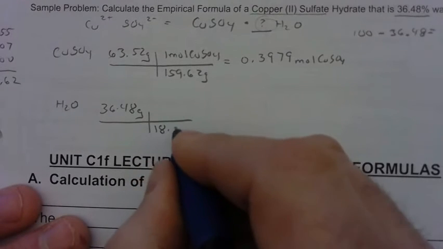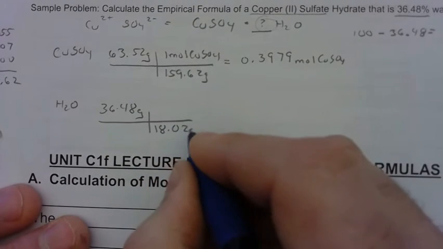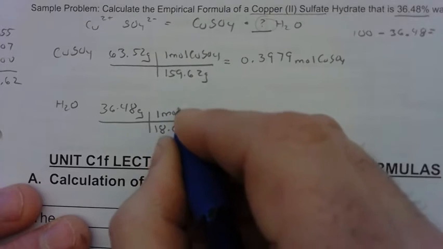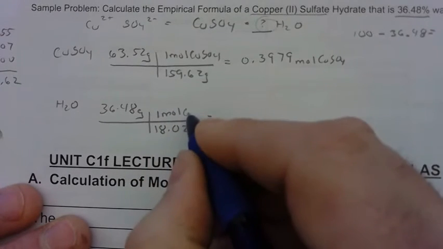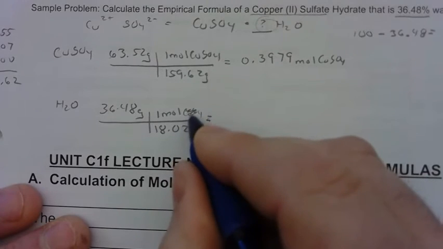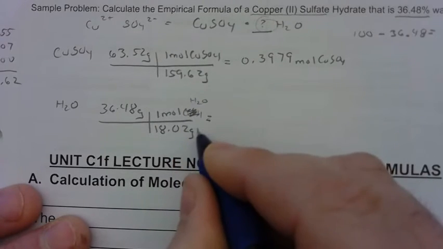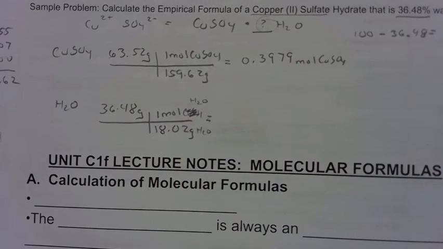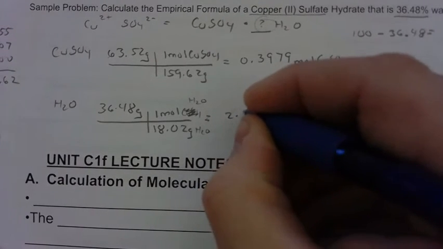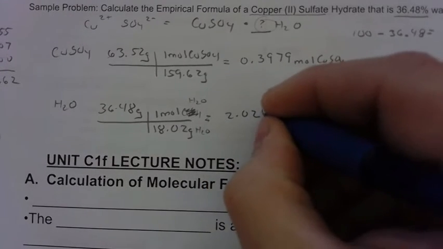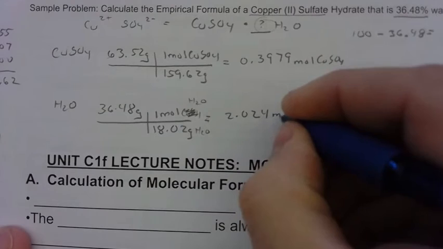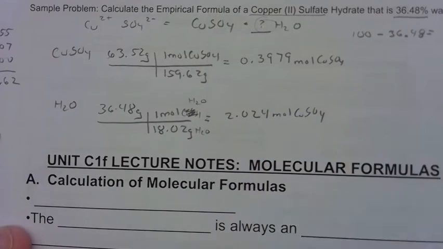I do the same thing for water. Water's molar mass is 18.02 grams for every 1 mole. So I get 36.48 divided by 18.02, and I get 2.024 moles of H2O.